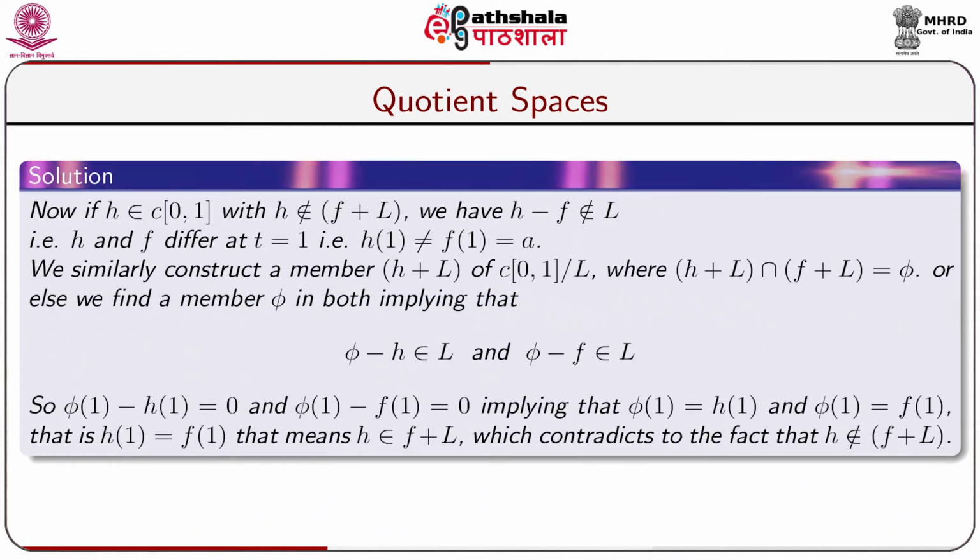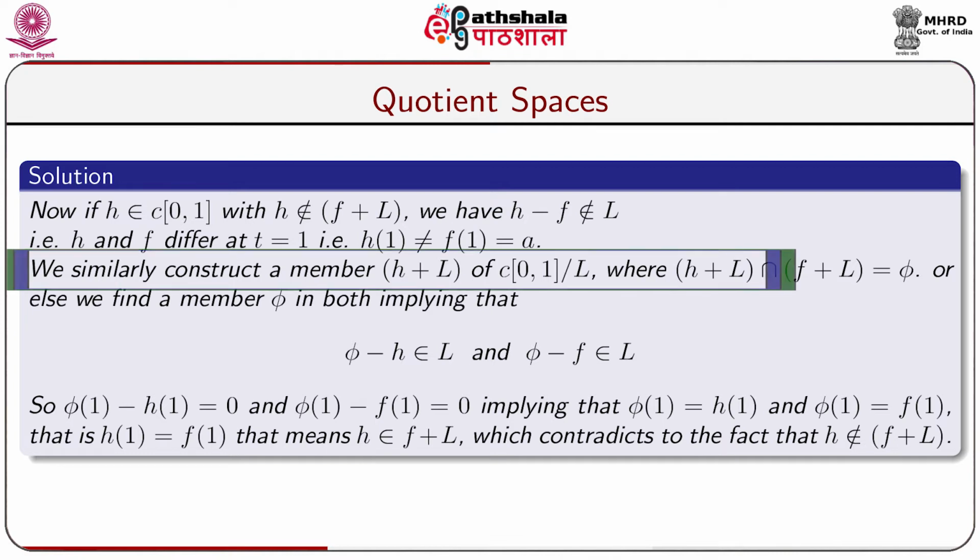Now, if h belongs to C[0,1] with h not belonging to f plus L, we have h minus f not belonging to capital L, that is h and f differ at t equal to 1, that is h(1) not equal to f(1) equal to a.